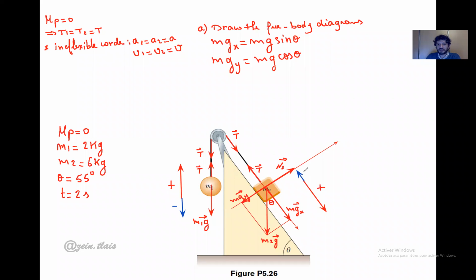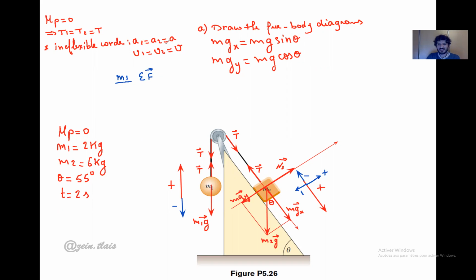Here we have plus and minus. We do the calculation. First of all we take M1, summation of F.